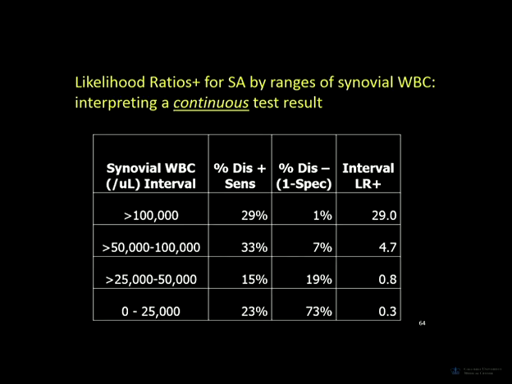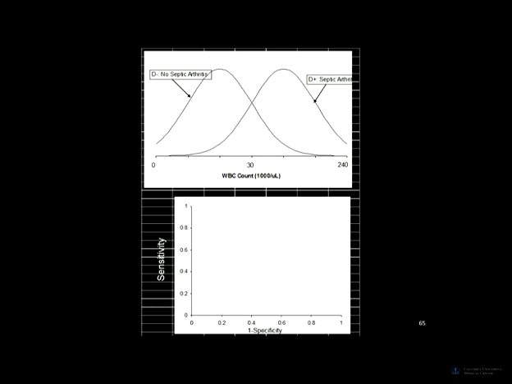But the people who have greater than 100,000 white blood cells in their synovial fluid, if you have a result that high, its likelihood ratio is 29. So that really revises your prior probability a lot. So we really would lose a lot by just having that one plus or minus cutoff.